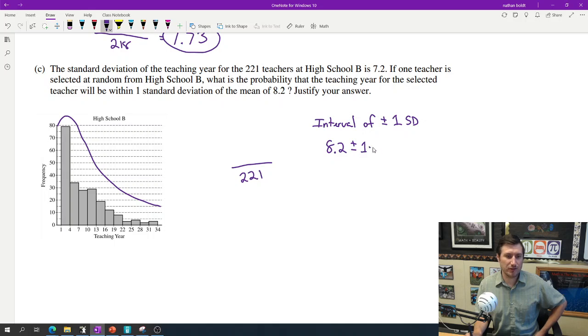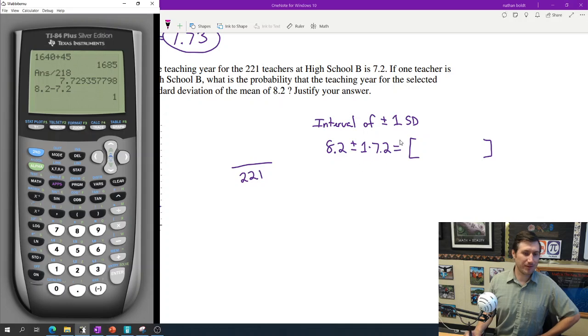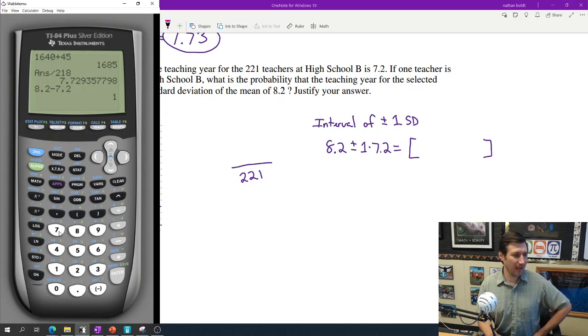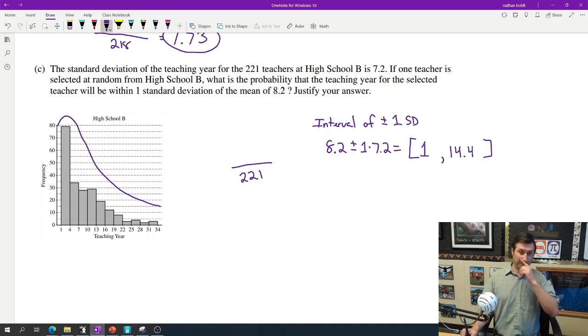1 standard deviation, this is essentially a confidence interval in some ways, but not quite. 1 times 7.2. So we're adding 7.2 and subtracting 7.2. So what does that give us? Well, I should do this in my head, but it's early for me. So 1 and 8.2 plus 7.2 is 14.4. So from 1 to 14.4. So how many teachers are within that interval?